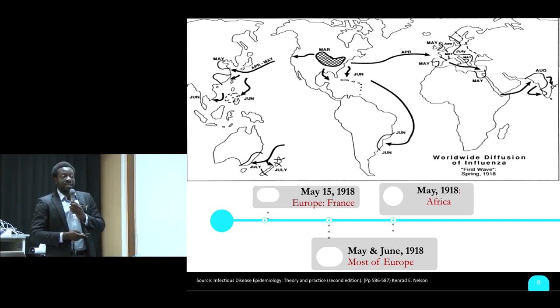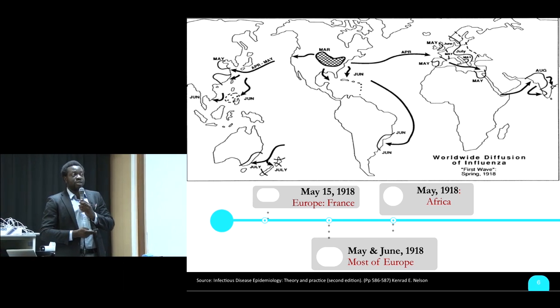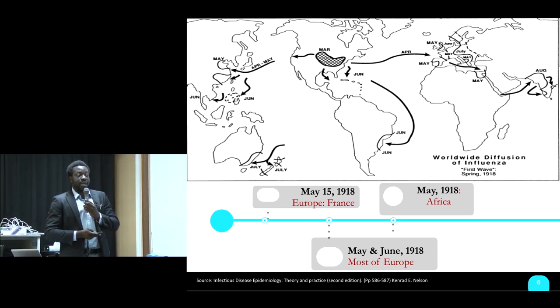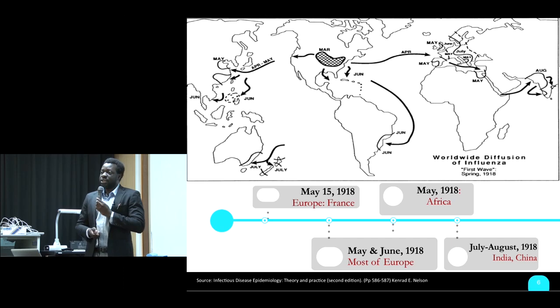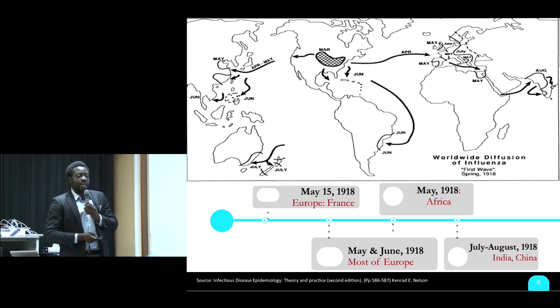Also in May 1918, some African countries were already hit by this pandemic. In July and August, Asia was also hit through India and China.